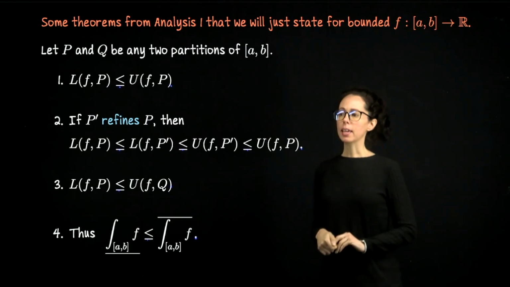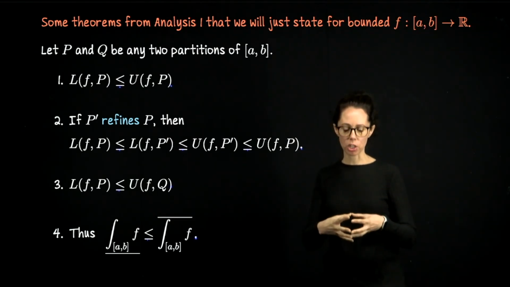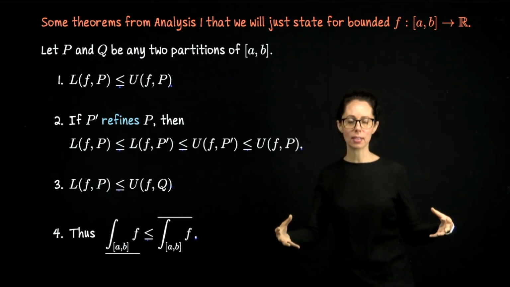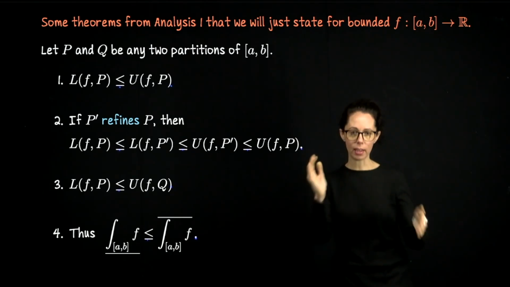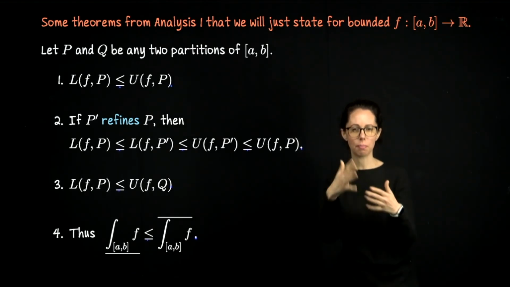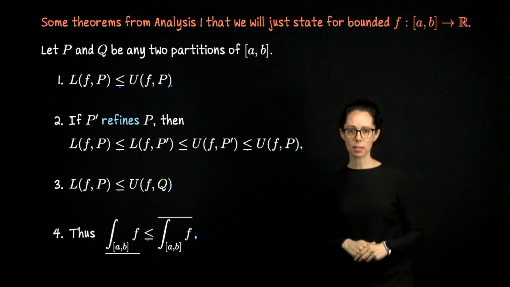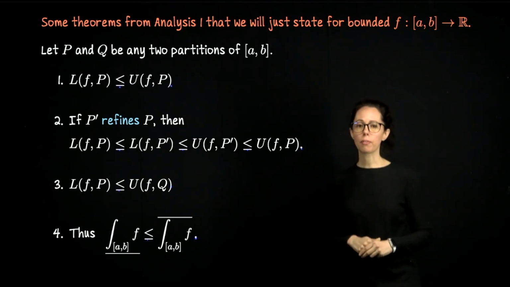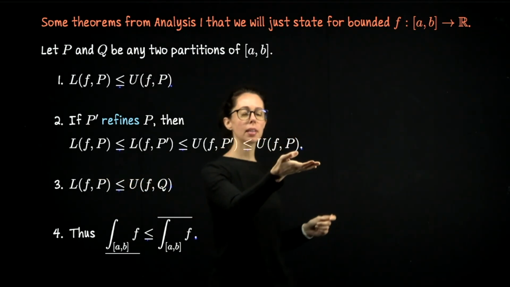If I take a partition P, or if you think back to how we wrote down a partition, it was a set of points. If I drop in a few more points, which you could imagine as taking P and adding in some extra slices to split up subintervals, that is called a refinement. And what happens when you refine a partition is your lower sums go up, your upper sums come down.